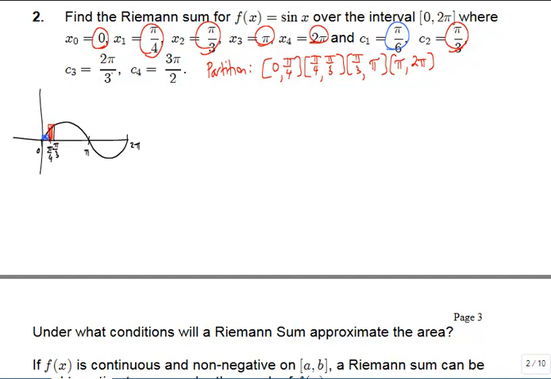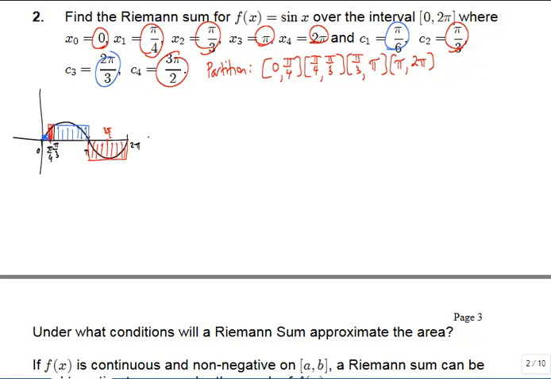Then we're going to go to 2 pi over 3, which would be right about here, and we're going to draw a rectangle that would have that height. And then we're going to go to 3 pi over 2, which would be down here, and we're going to draw that rectangle. So those 4 rectangles are the Riemann sum for this particular function using this particular partition.